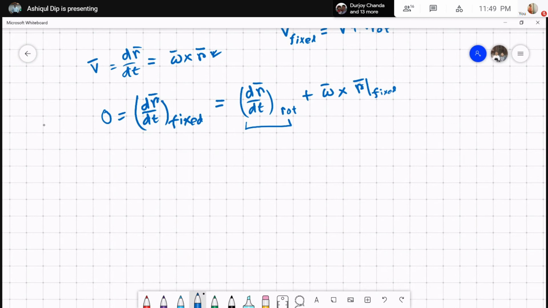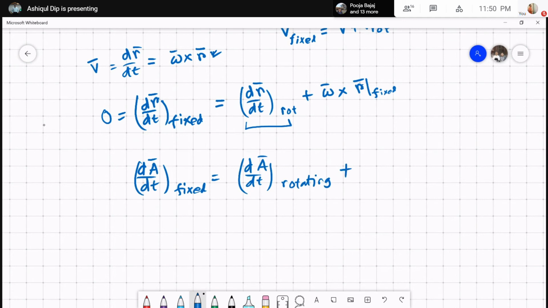So for any vector A, dA over dt seen by the fixed observer is equal to dA over dt seen by the rotating observer plus omega cross A, right?